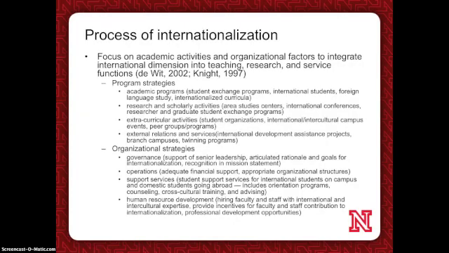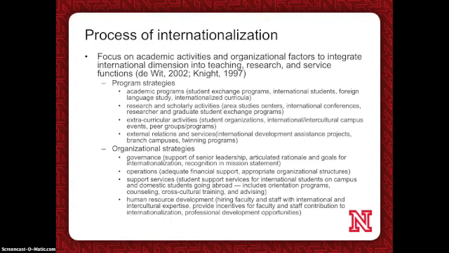Knight and DeWitt have written extensively about the process of internationalization. They've stressed a focus on academic activities and organizational factors as a key to the successful integration of the international dimension into research, teaching, and service functions of higher education institutions.